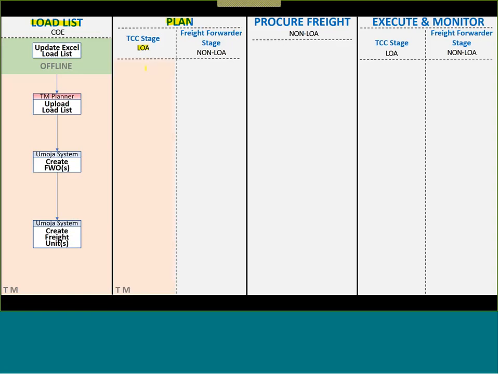Okay, so in the case of an LOA, the system will automatically create the freight order, so no need for planning. The system will automatically create the freight order from the source airport to the destination airport, and will automatically assign the troops contributing country as the carrier, because in an LOA scenario, the TCC is responsible for the transportation.